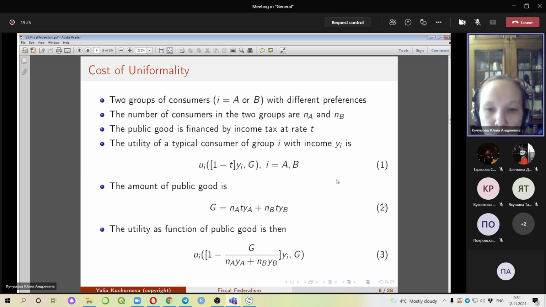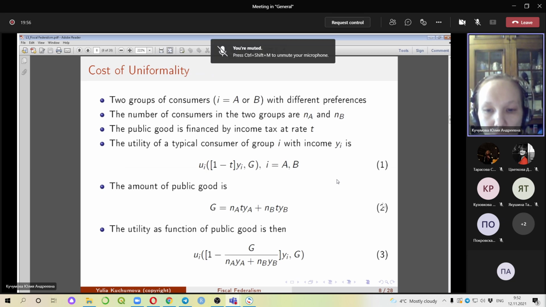And what we can do is get rid of the tax rate T by expressing it from the second equation, and plug it back into the utility function. So it depends only on the amount of public good G. Why do we do that?